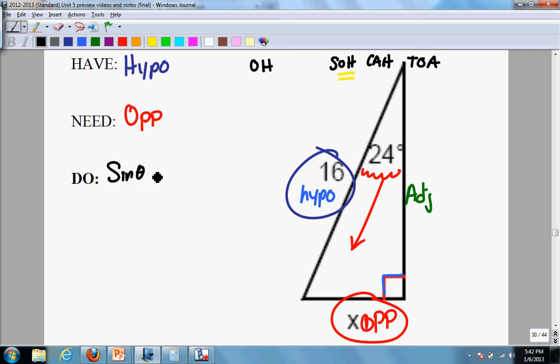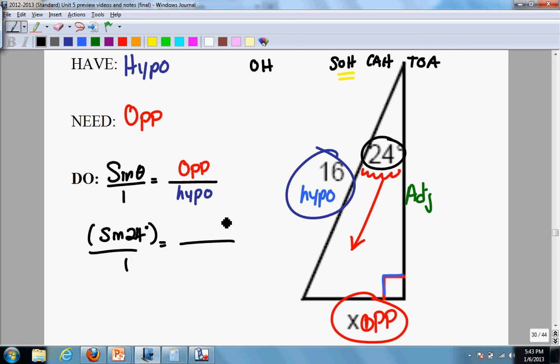Sine of theta over 1 equals opposite over hypo. That is the sine ratio. Now we circle, plug, chug. Sine of our theta is 24 degrees, so sine 24 degrees over 1 equals opposite, which is our x, over hypo, which is our 16.